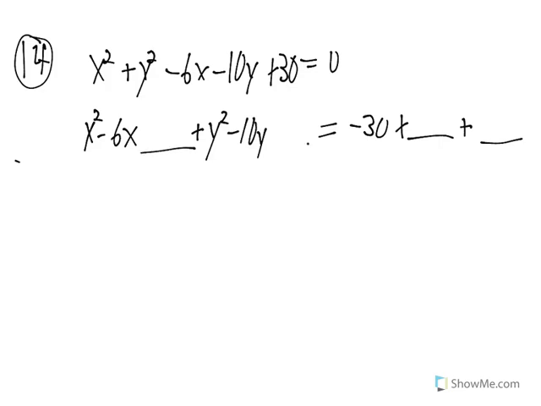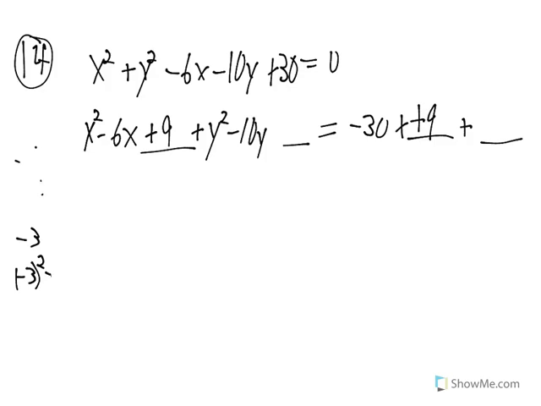And so we're going to add two things here, right? You take that middle term, so negative 6 cut in half is negative 3, and negative 3 squared is what? 9. So that's just me doing some scratch work here. I'm adding 9 to both sides there.